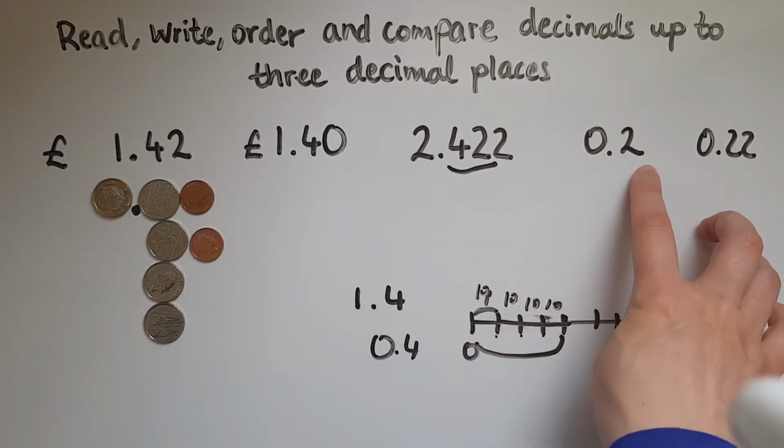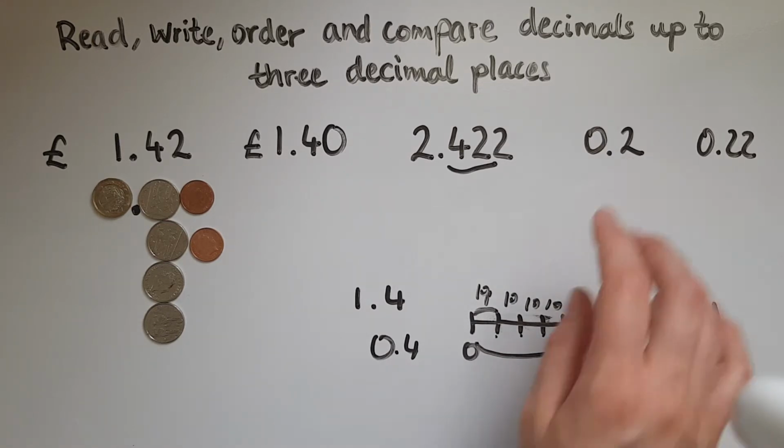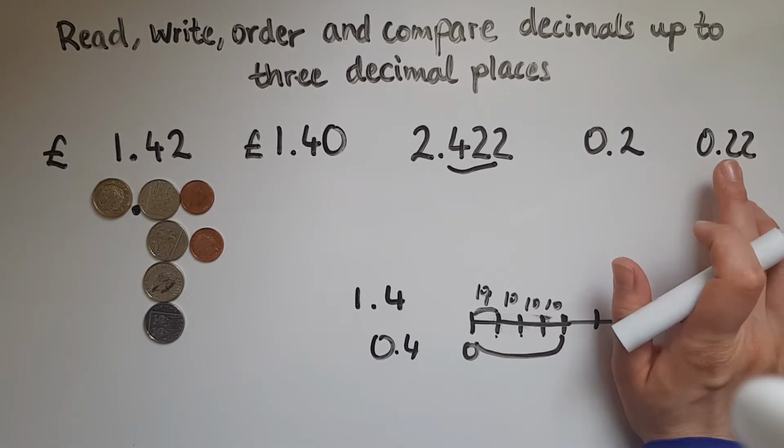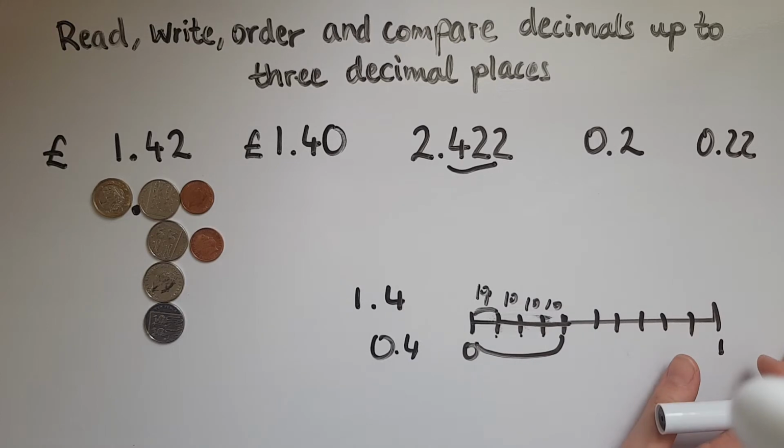And 0.2 means that we've got £0 and 20 pence. And what about this? This would be £0 and 22 pence. So if I'm to order these, which one would I pick first? Let's say I want to order them from the biggest to the smallest.